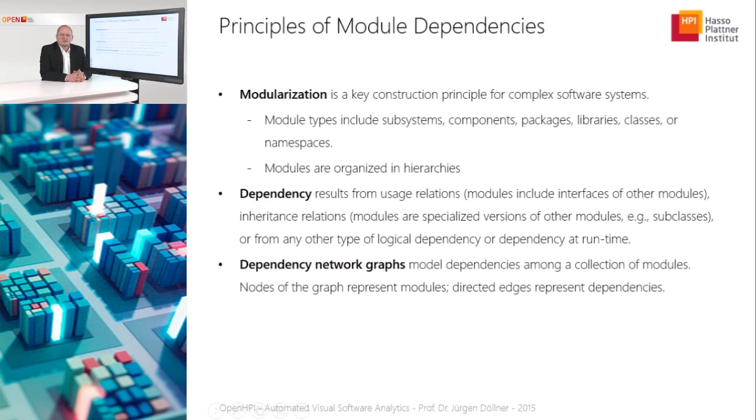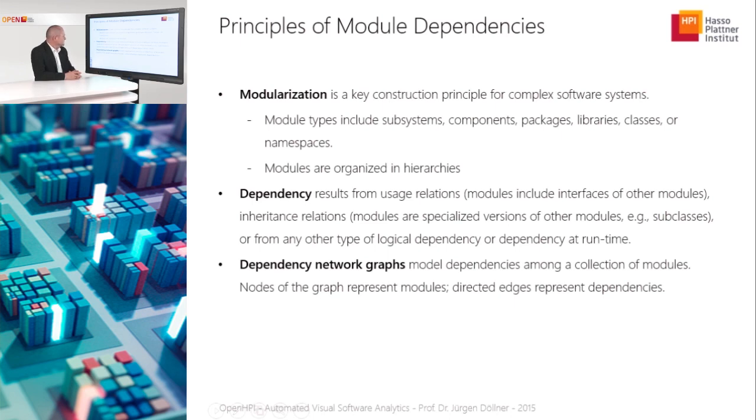Now, if you have more than one module, you will have dependencies. Dependencies result from usage relations, for example, if modules include interfaces of other modules. They also result from inheritance relations in object-oriented programming, for example, if modules are subclasses of other classes.